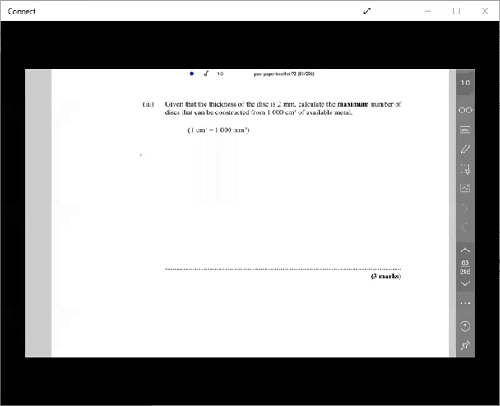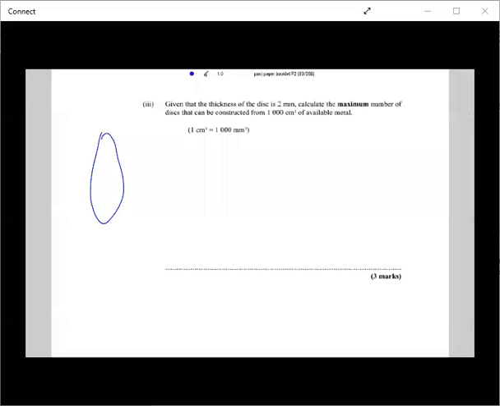So far, what we have is something looking like this. I'm going to just do a little sketch of it. It's a very thin disc, and in the middle of it is a square hole, something like that. We already calculated the area of the cross-section, 1,350, and the thickness of the disc is 2 millimeters.